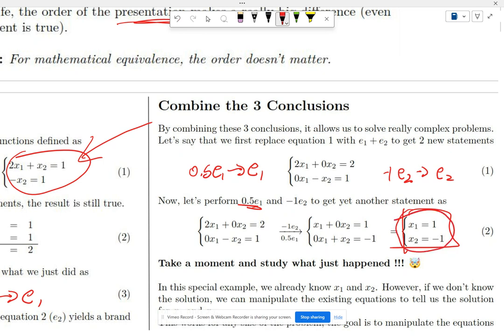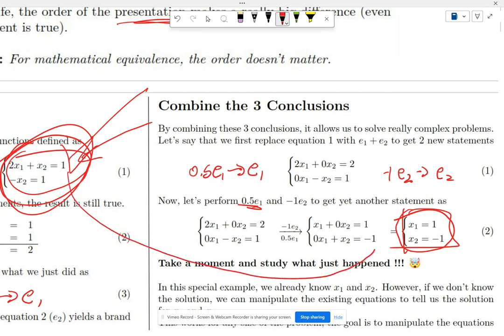So we've solved for the optimal x1 and x2 by transforming it into this form. Again, this form is when you only have x1, x2, and their coefficient is 1, multiplied by 1, multiplied by 1. Whereas everything else are zeros. And when that happens, you have the problem solved.